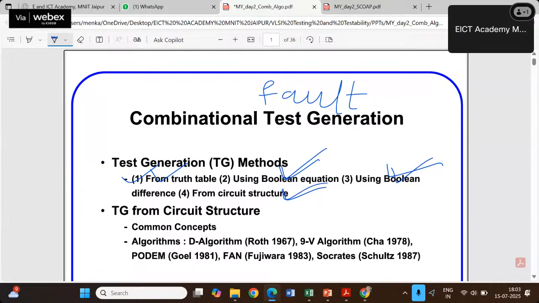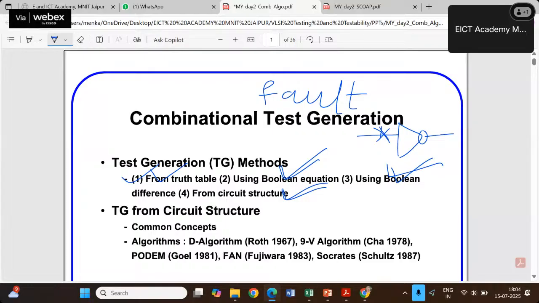So, why is the test generation method required? First of all, we will have a fault. For example, let's say this is some circuit, and I have a fault over here. This fault I need to simulate. How can I simulate that fault? That is the fault simulation technique.